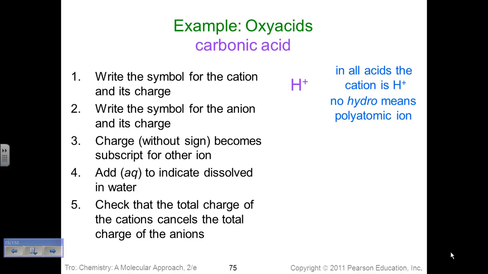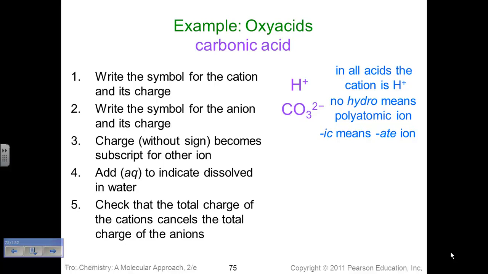What about listening to the end? Hear the ic? Carbonic. What original ending on the polyatomic had been turned to the ic? Well, ic came from ate. ATE must have been the original ending. So now I know the polyatomic name is carbonate.